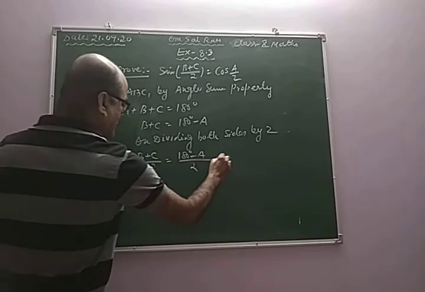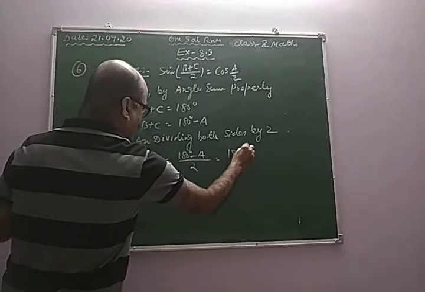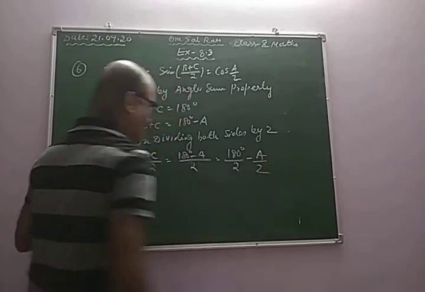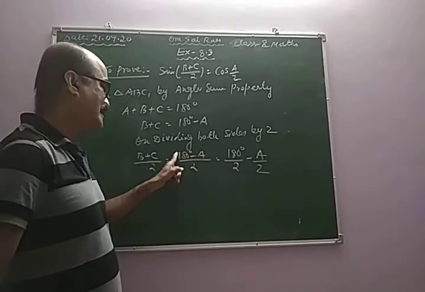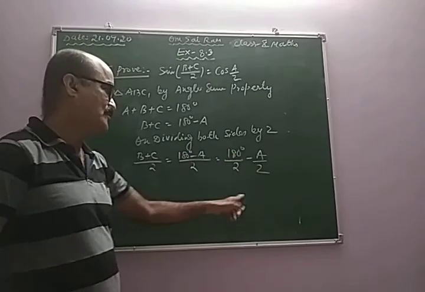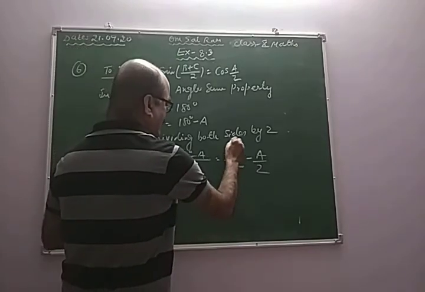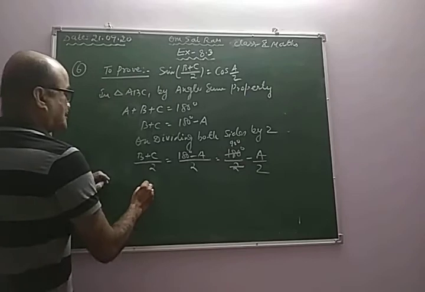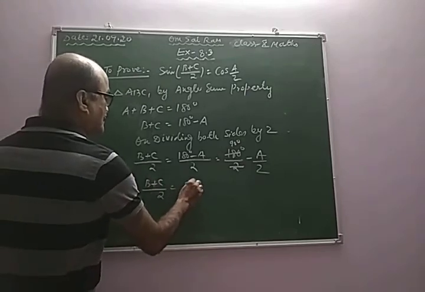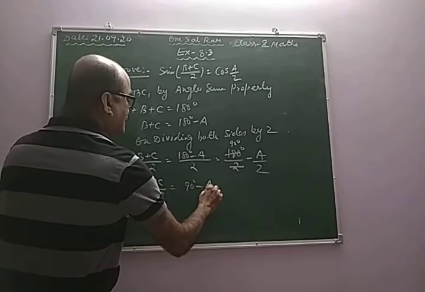So this becomes 180 degrees by 2 minus A by 2. What I have done here is divided 180 and A separately by 2. So 180 by 2 is 90, and B plus C by 2 is equal to 90 degrees minus A by 2.